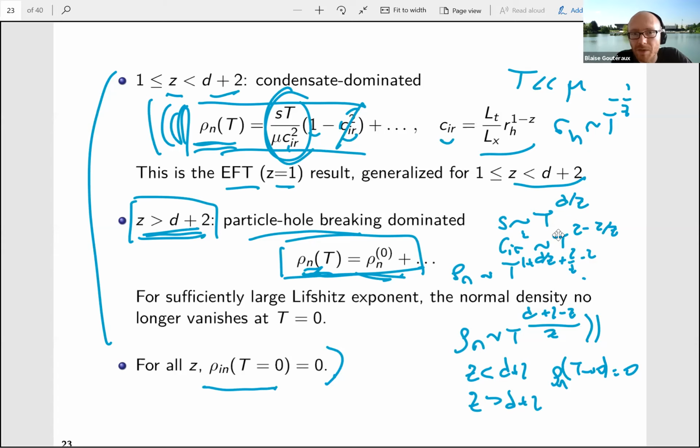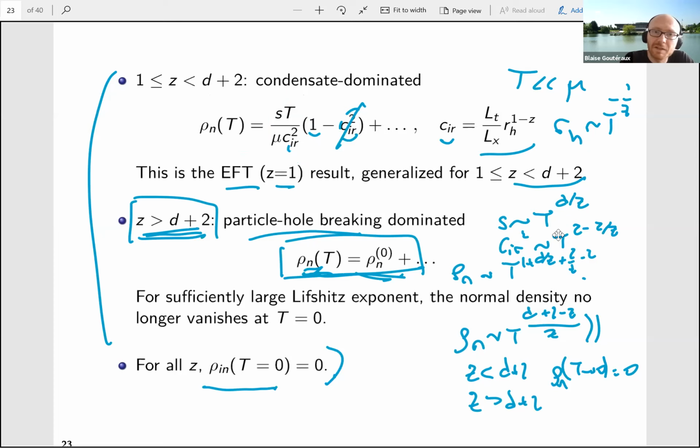It would just be some number less than 1. Okay, thanks. But what we're saying is that even for z greater than 1, this formula is correct, provided that z is less than d plus 2. And then this quantity has some temperature dependence.